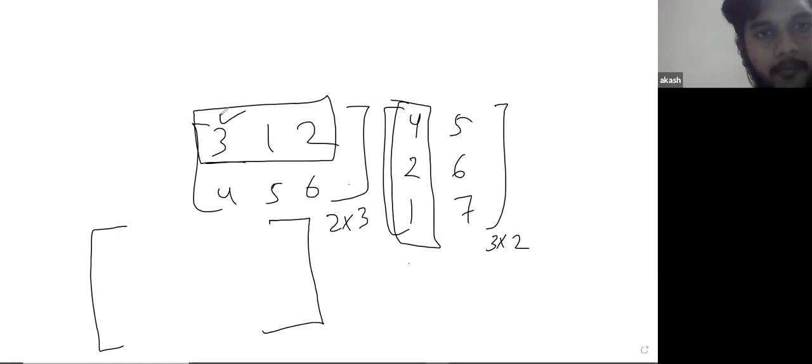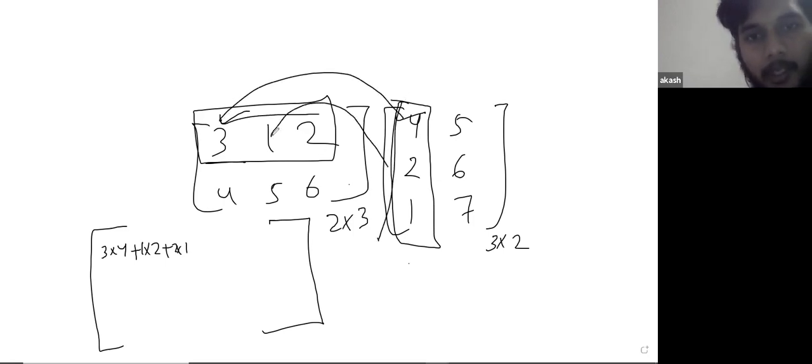So what I'll do is this: first member of this, 3 into 4 plus 1 into 2 plus 2 into 1. What I did was multiply this row with this column: 3 into 4, 1 into 2, 2 into 1. Okay, this is the first element of this matrix.